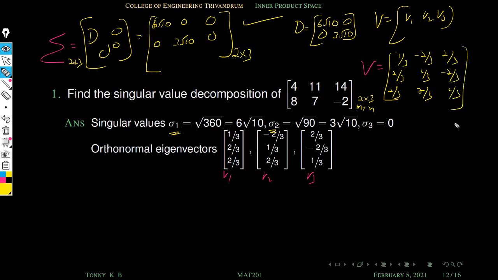Yes, this is the matrix V. It is n by n. Here n is 3, so V should be a 3 by 3 matrix. Now V and sigma are ready.